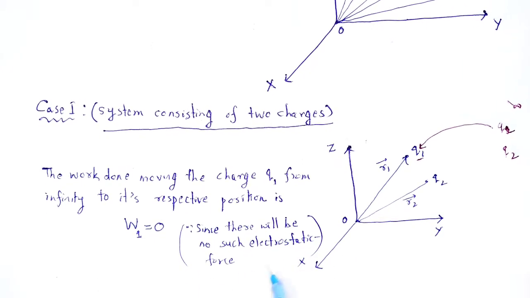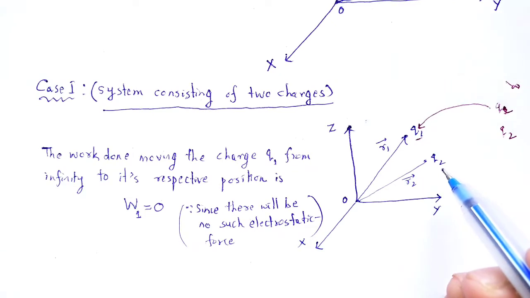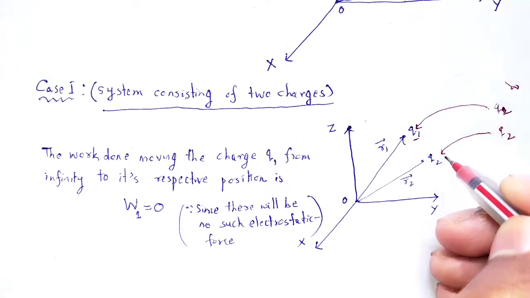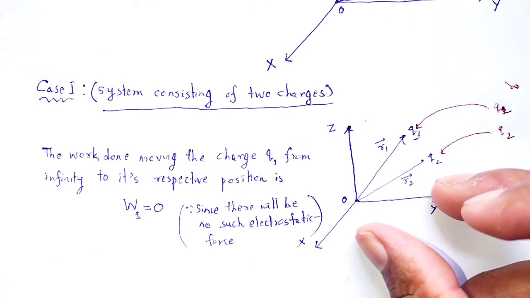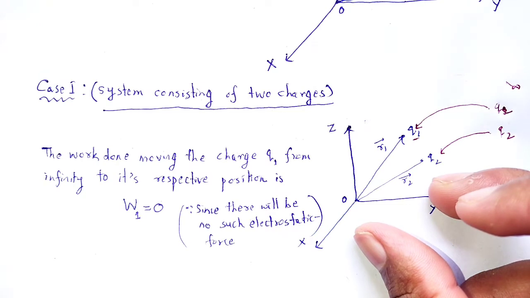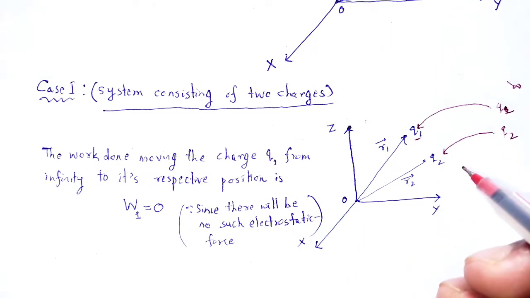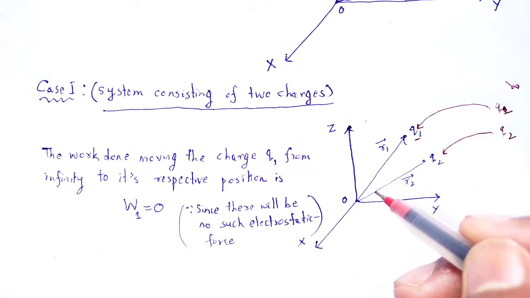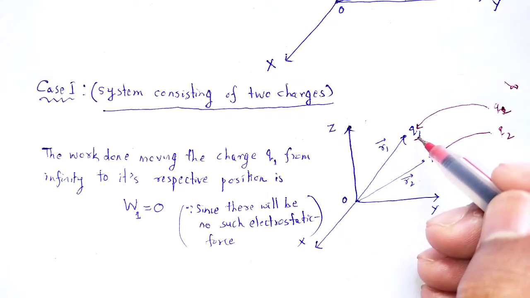Now move the charge q2 from infinity to its respective position, the position vector r2, because charge q2 is moved in the electric field due to the charge q1.